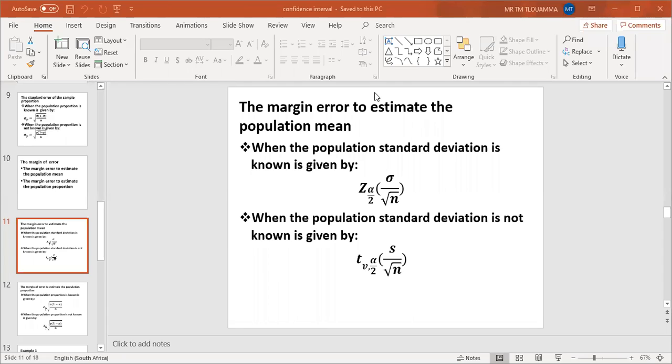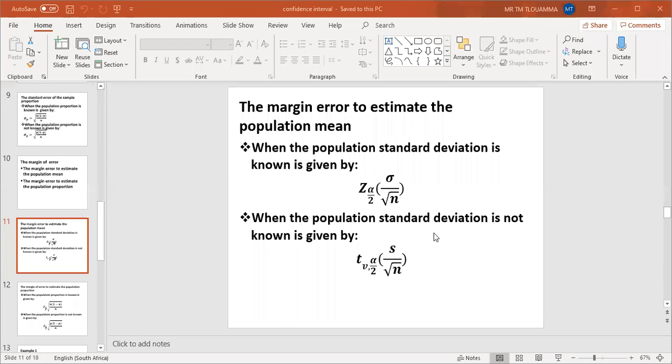It stands for the degrees of freedom, either v or df. They explain the same thing and they are equal to n minus 1. Meaning we take n and subtract 1. Then you go to your table and check corresponding with your alpha divided by 2.